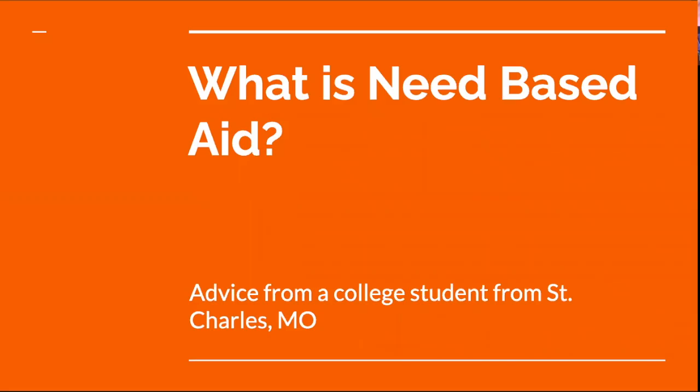And so they might cover 100% if 75K, but maybe if you're making 125K a year, your family, they're still going to provide a significant amount of aid. So even if you're middle class or even upper middle class, you still can qualify for these. So it doesn't hurt to still reach out to the school, see if there's other need-based aid scholarships you can apply to.